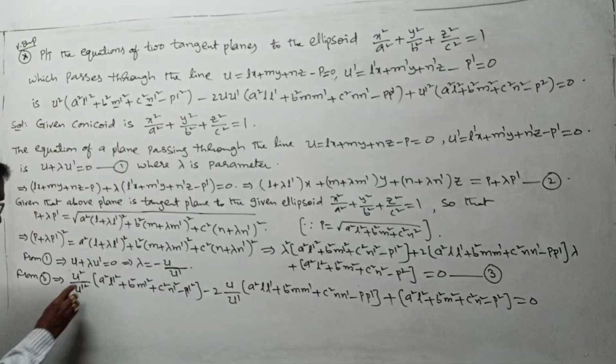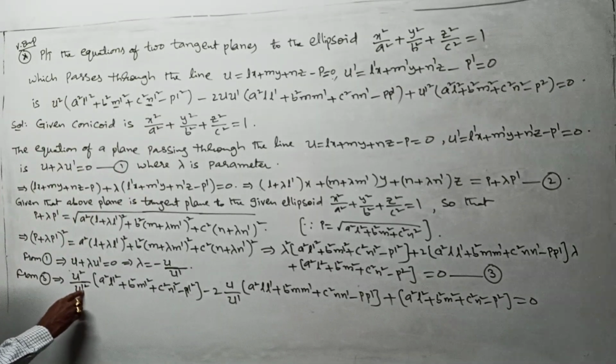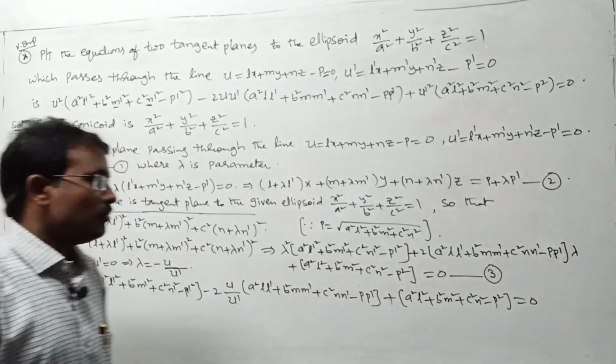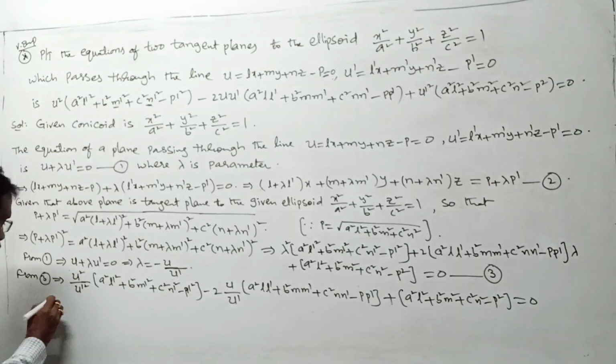In the next step, I want to remove this u dash square denominator. For that, multiply throughout the expression with what? u dash square. Multiplying throughout the expression with u dash square, what do we get?